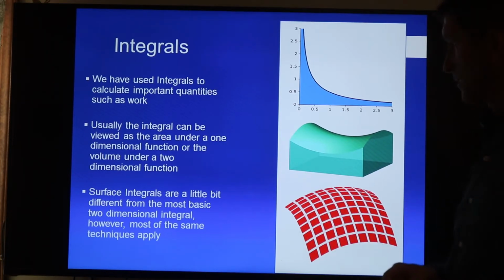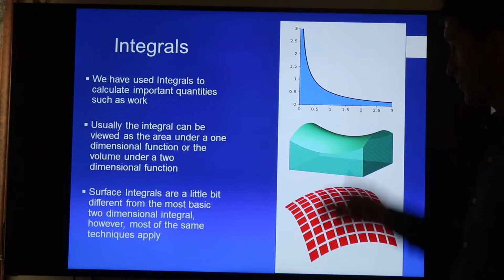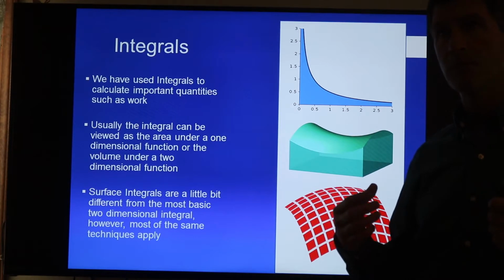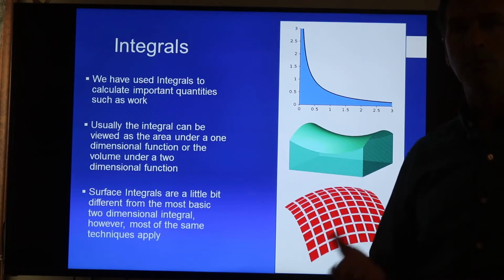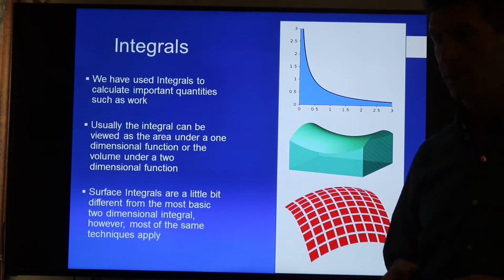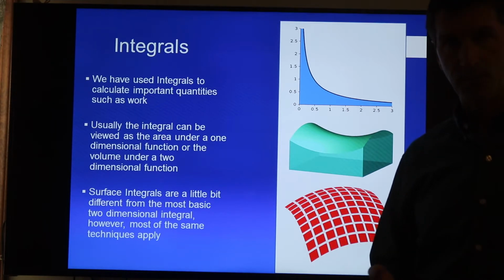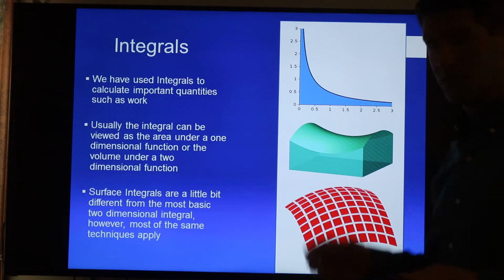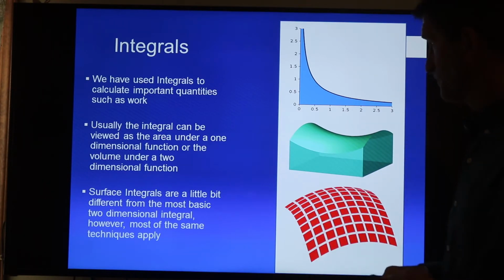So this is going to be a little more complicated than just one-dimensional or two-dimensional integrals. But again, try to think about the visual aspect of this. Try to think about the conceptual nature of what we're doing here, rather than really worrying about all the crazy symbols that we're going to cover.